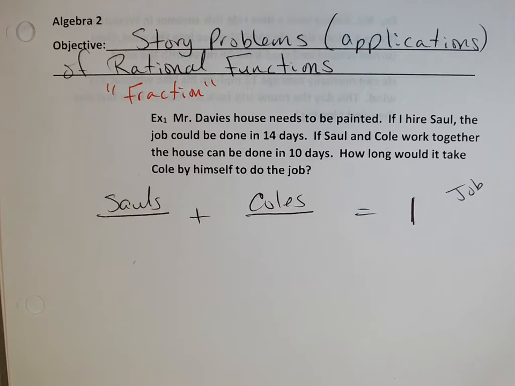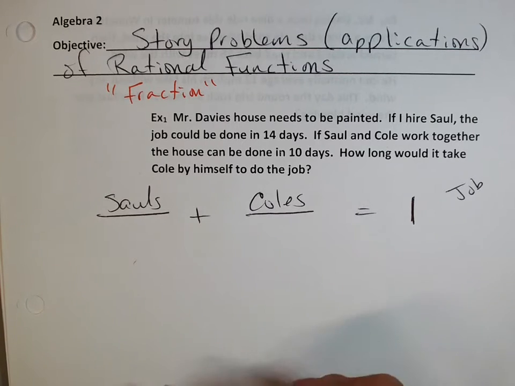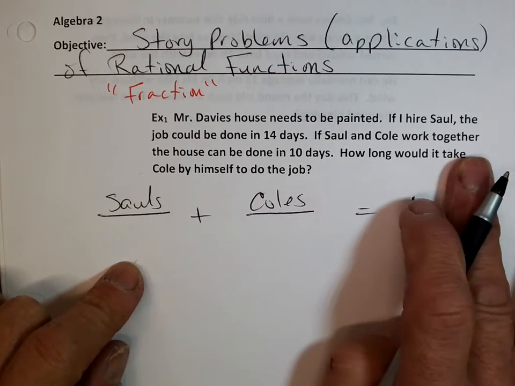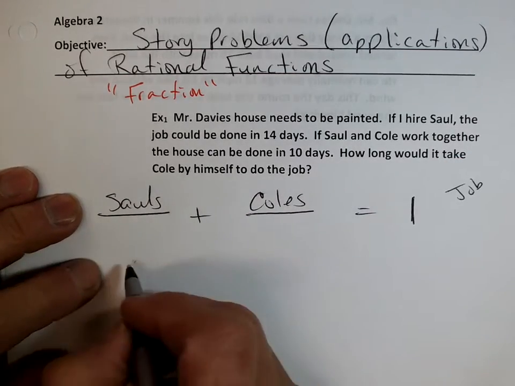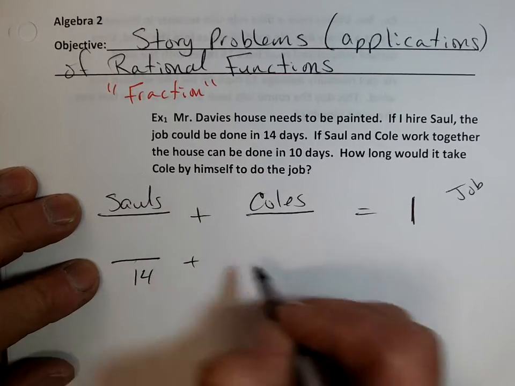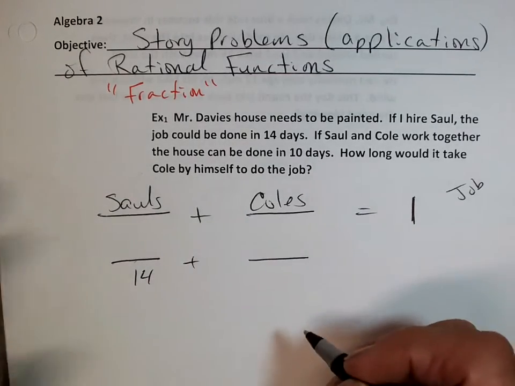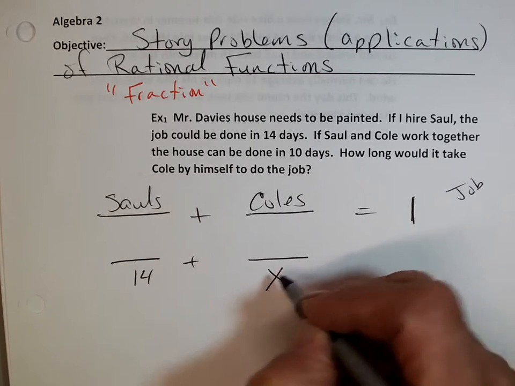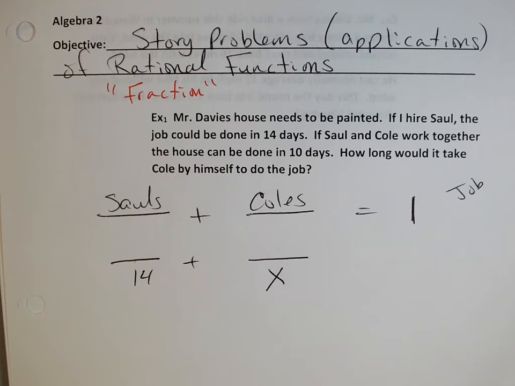Now the way we work this is that Saul can do the job in 14 days, right? So he can do his portion in 14 days, plus Cole can do his portion, but we don't know what his portion is if he worked by himself.